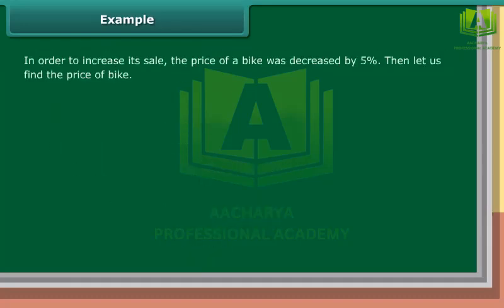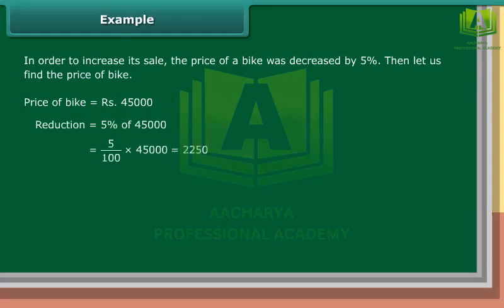In order to increase its sale, the price of a bike was decreased by 5%. Then let us find the price of the bike now. Price of bike is equal to Rs 45,000. Reduction is equal to 5% of 45,000, which is equal to 5 upon 100 into 45,000, which is equal to 2,250.